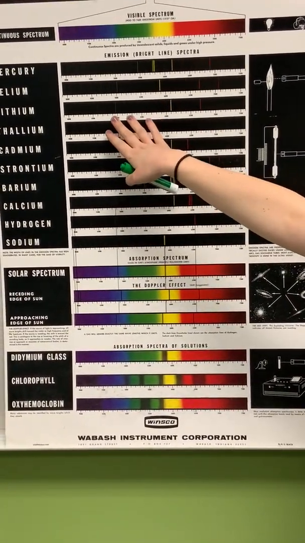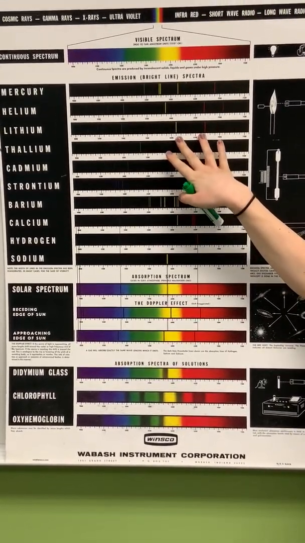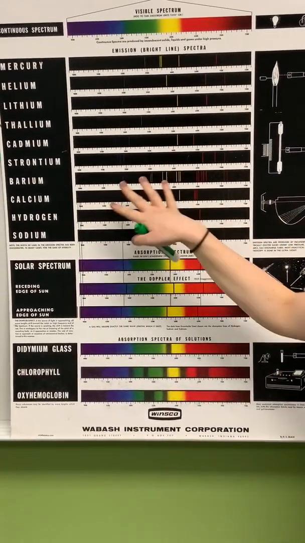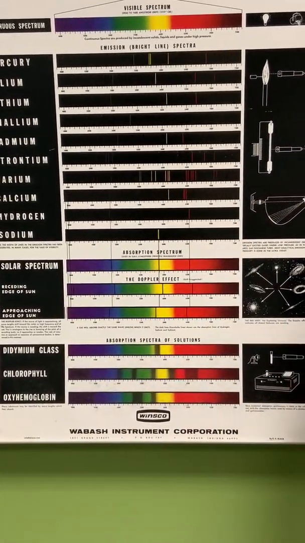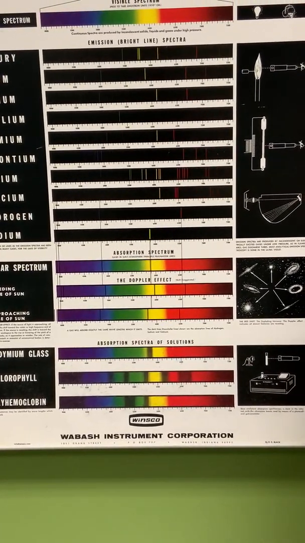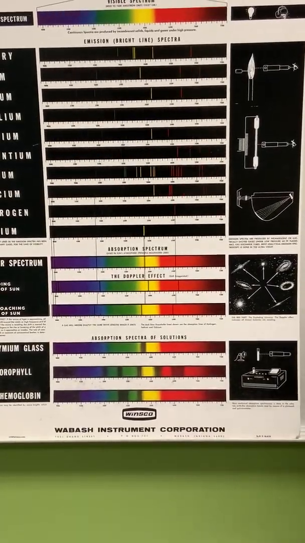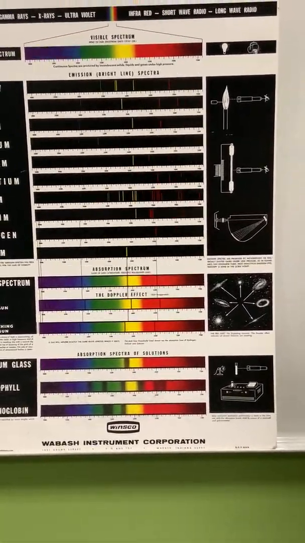So just like helium, you won't necessarily see all of the spectral lines for either lithium or strontium because we just don't have the capabilities to do that in this lab. Instead, what we've done is we have taken strontium and lithium and we have looked at them through our spectroscope that we've calibrated with our calibration curve.